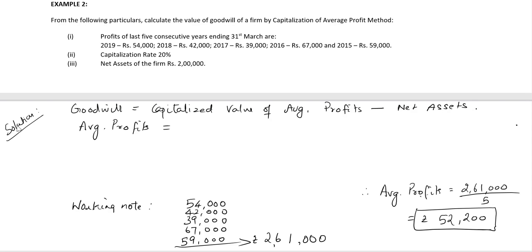So that's the average profits, rupees 52,200.